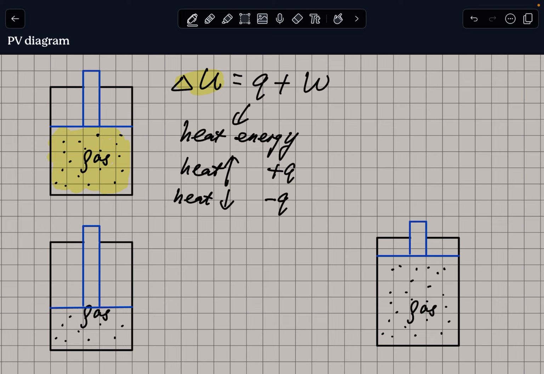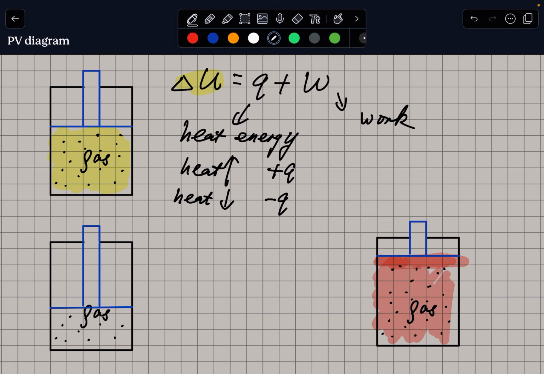All right, so what about W? W is really work, thermodynamic work. So how does this work? Basically, you see the gas molecules in this container. If they move more violently, let's imagine they're dancing and moving and jumping, trying to touch the interface, trying to touch the piston, then we say these gas molecules are doing work.